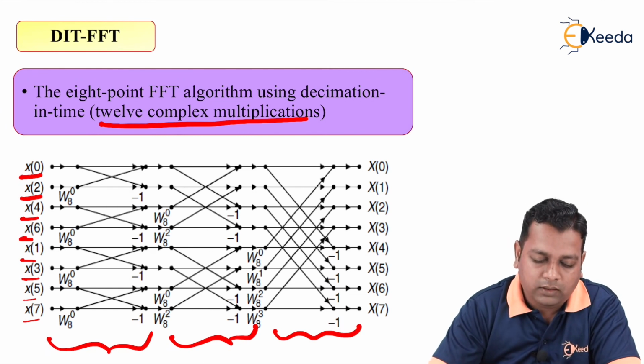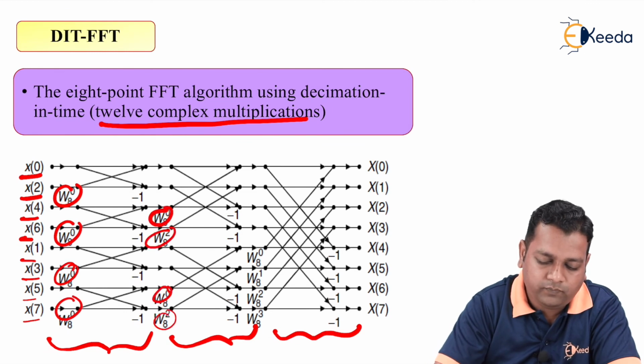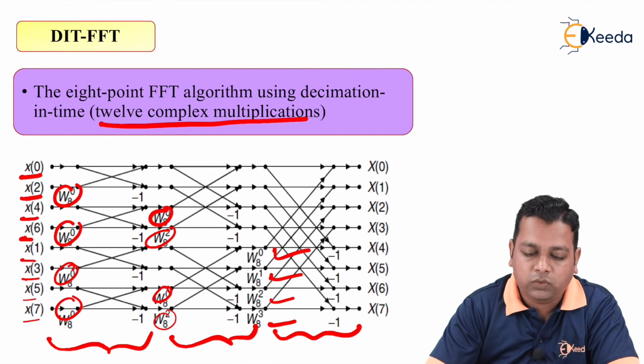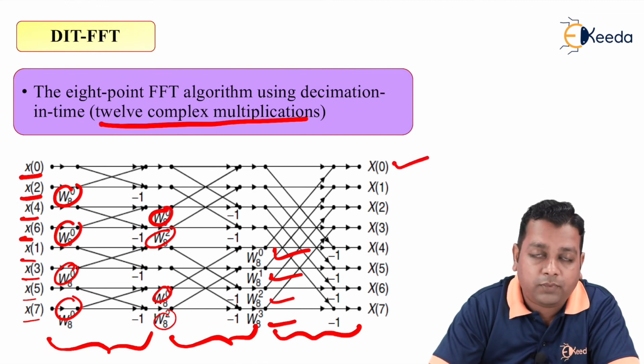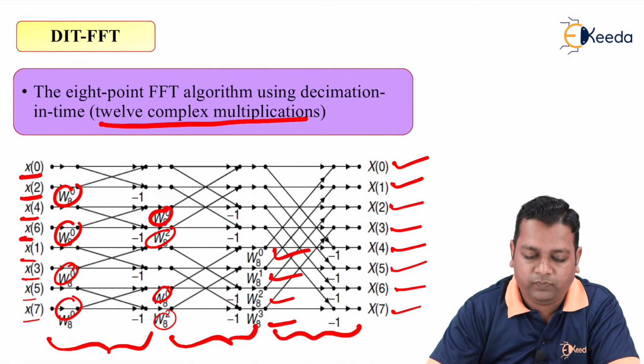With the same kind of twiddles at all these 3 places, we come to the output values of the DFT, that is capital X of 0, capital X of 1, 2, 3, 4, 5, 6 and 7.